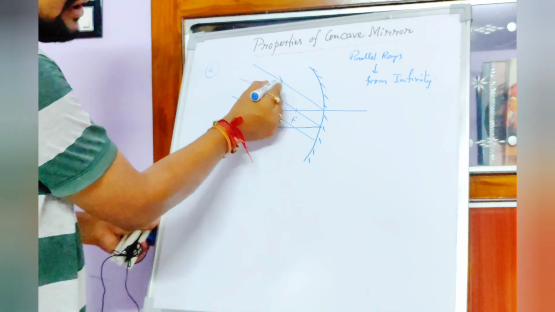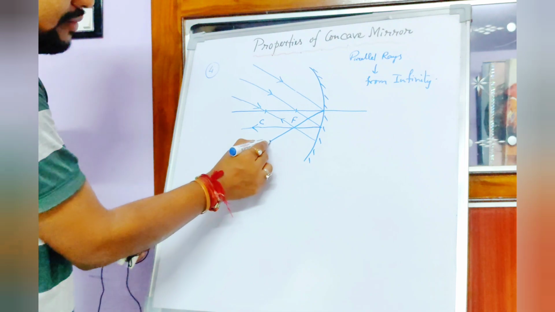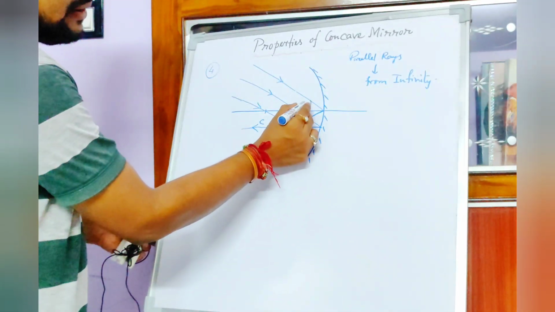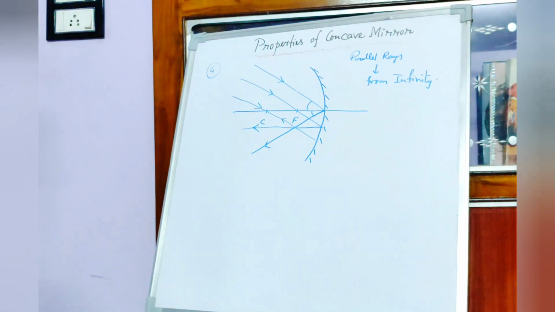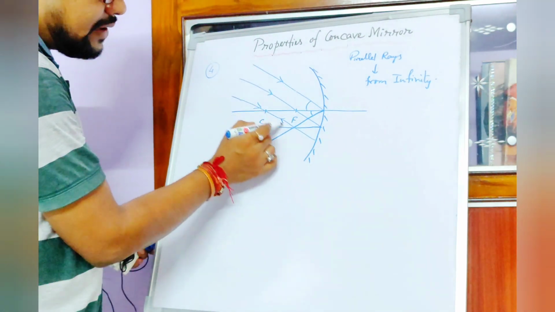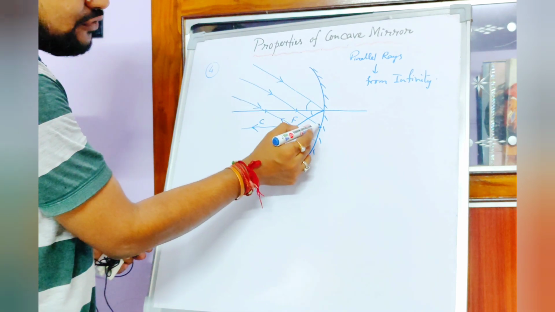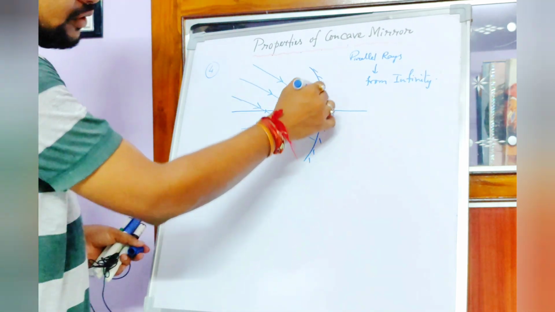Another ray which is falling at the pole will make a certain angle and move like this. Try to understand this angle and this angle, these are I and R when it is falling at the pole. You can see the first ray which is passing through the center of curvature bounces back, the second ray going through the focus becomes parallel, and the third ray which is falling at the pole will come like this.